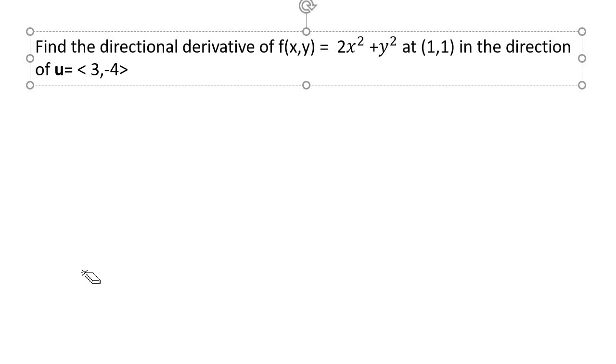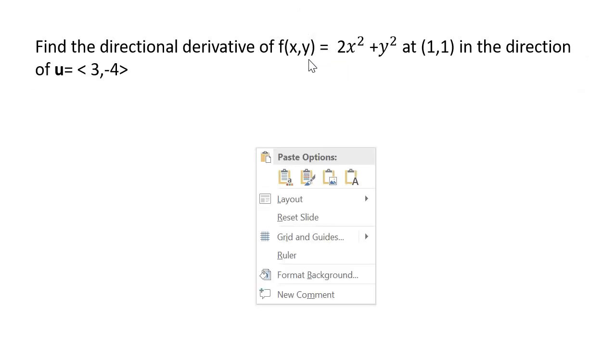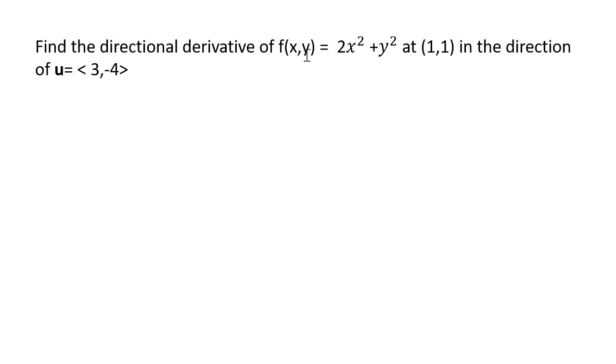So the question is, we need to find the directional derivative of f(x, y), a two-dimensional function equal to 2x squared plus y squared, at the point (1, 1) in the direction of the vector (3, -4).